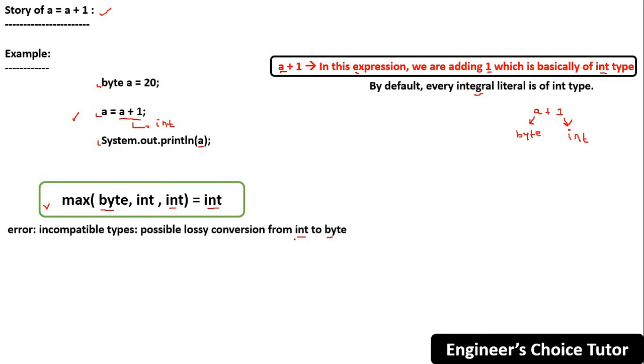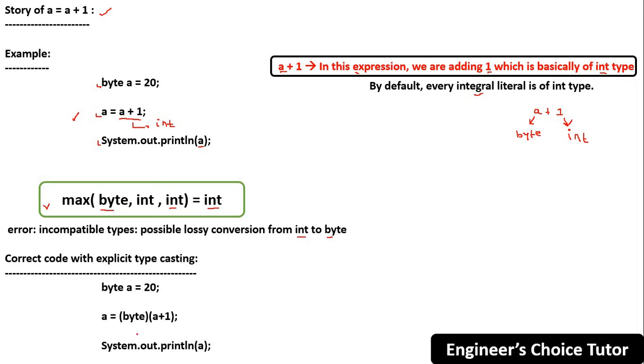Now let's see the correct code with explicit typecasting. This is the modified code. See here, this part will return int type of value. And I am performing an explicit typecasting to convert this int to byte. Now it becomes byte type of value.